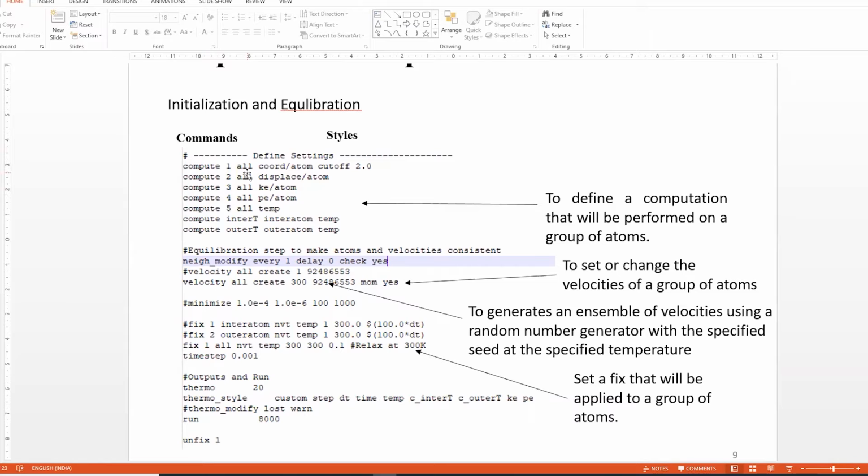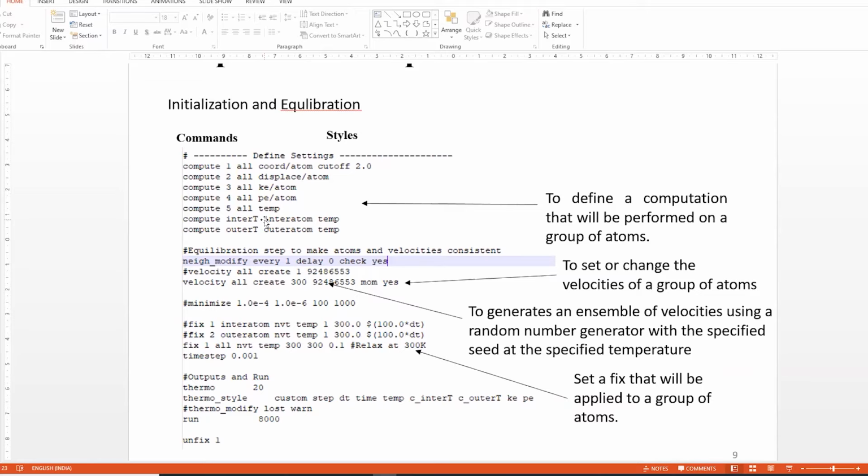As I mentioned, I have defined the atoms in my simulation as inter atom and outer atom. So here I am specifying all. So for all the atoms, I am calculating the coordinates of all the atoms at each iteration or each integration. Each time step, I'm calculating the coordinates of all the atoms. I'm calculating the displacement. I'm calculating the kinetic energy, potential energy, temperature.